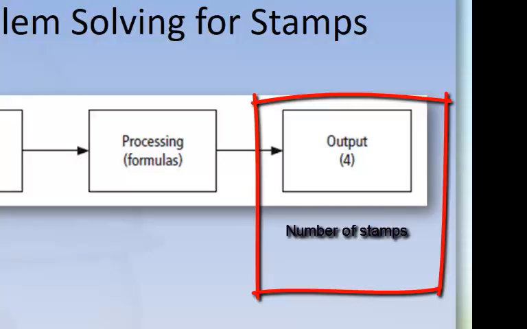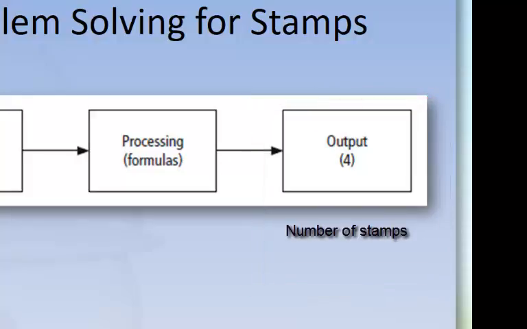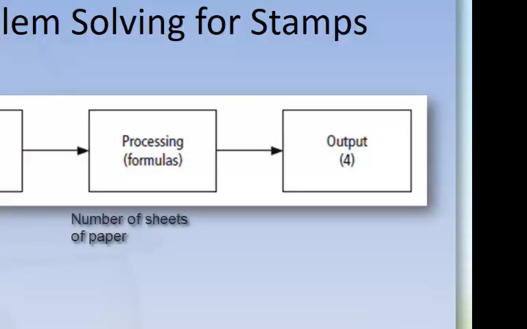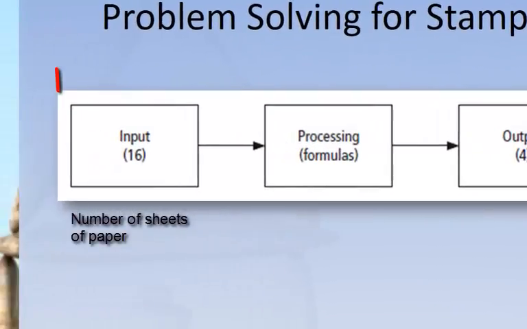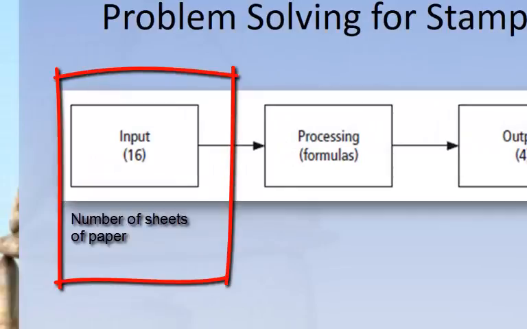For the snail mail problem, the output is the answer to how many stamps we need. The next thing to consider is the left side, or what inputs we are given. How many sheets of paper are we putting into that envelope?